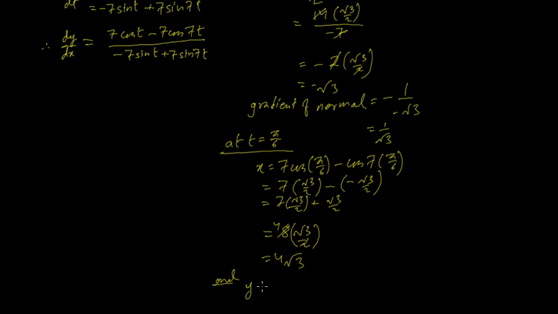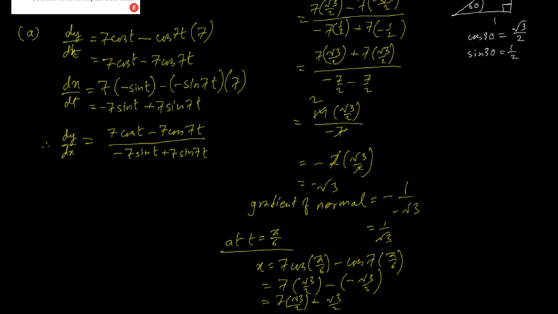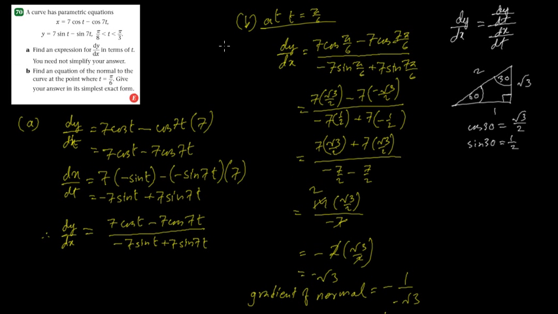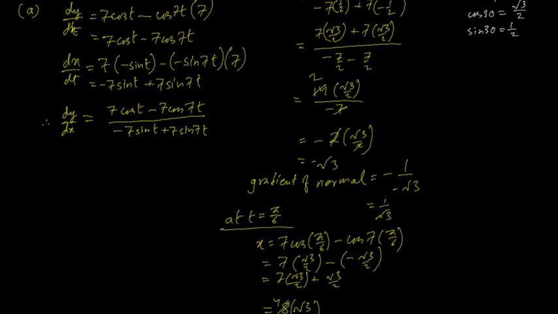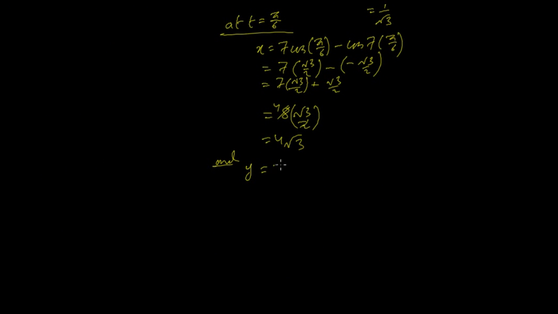And we have to find the value of y. So y equals 7 sine t minus sine 7t.